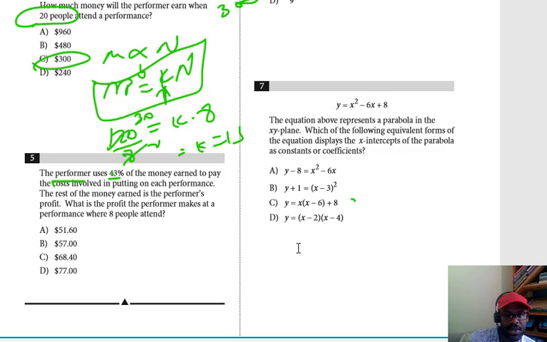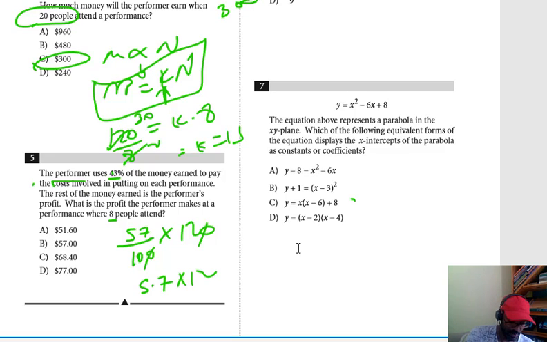So if 43% is the cost, the rest, that is 57%, will be his profit. 57 over 100 times what he earns when there were 8 people, $120. So when you work this one, this will be cancelled. So 5.7 times 12. Calculate the common now. All right, so let's move on. 5.7 times 12, so 68.4.